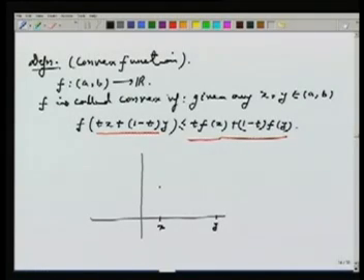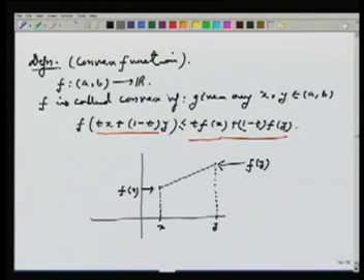Now, let us say this height is f(x), and let us say this is f(y). Now if I look at the right hand side of the above inequality, the right hand side actually represents the line joining f(x) and f(y).